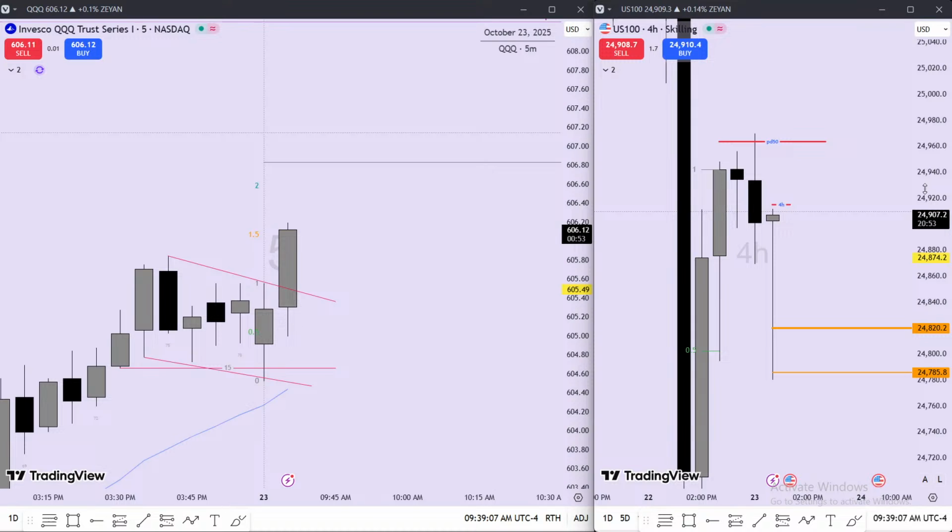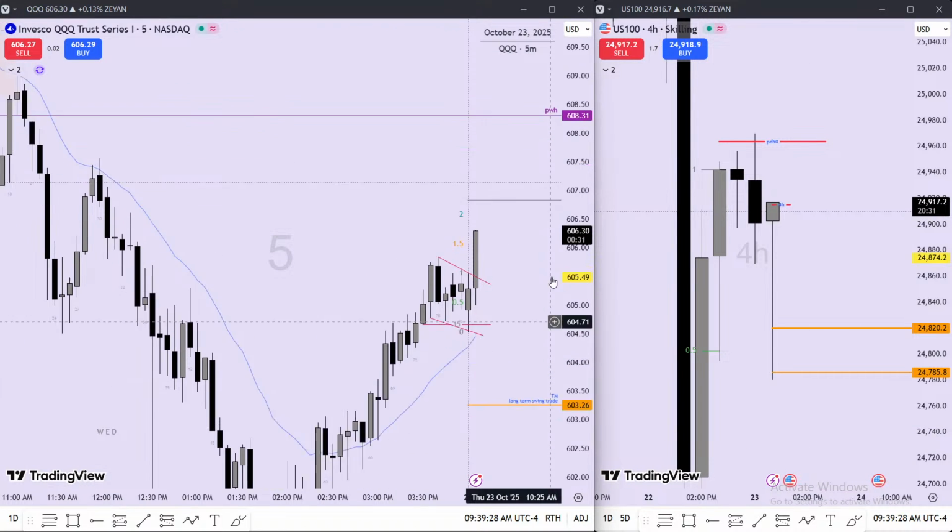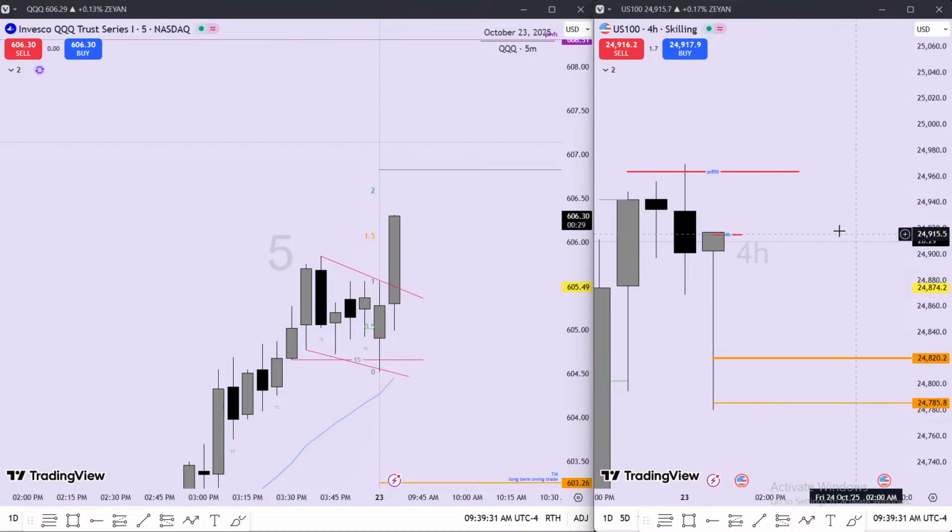By the close of this bar now. We want to close above the hourly 20-period moving average.